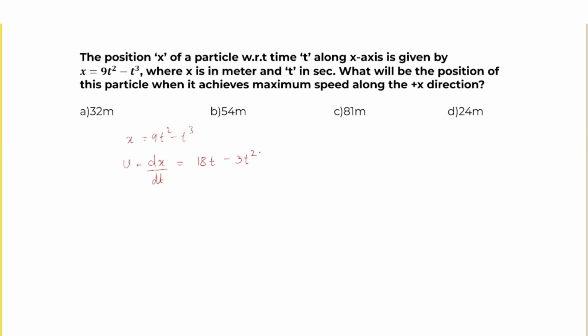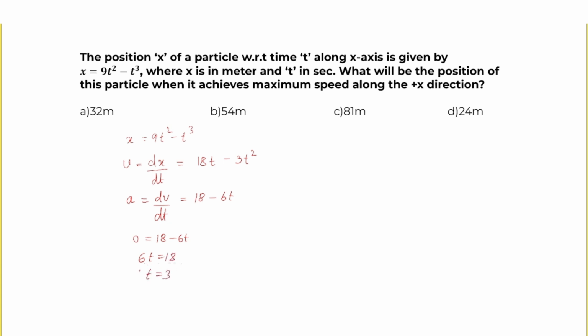Now if it is achieving maximum speed, at maximum speed acceleration will also be 0, because if it is maximum it will be constant. So a will be equal to dv by dt. Let's differentiate it again. It will be 18 minus 6t, and putting it equal to 0, 6t will be equal to 18, and t will be equal to 3.